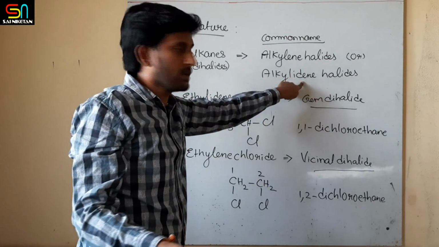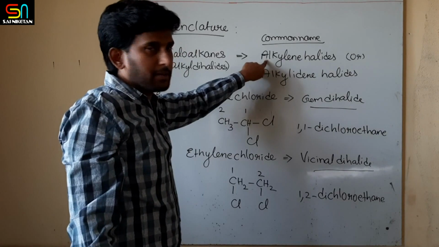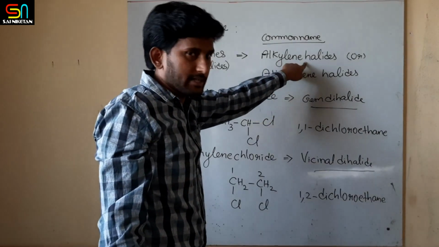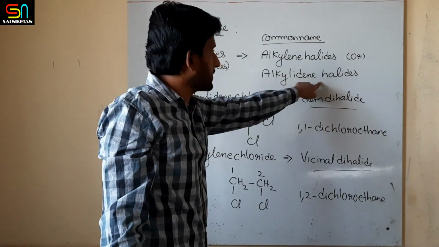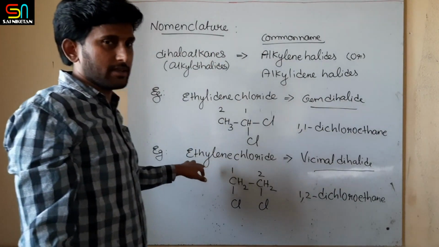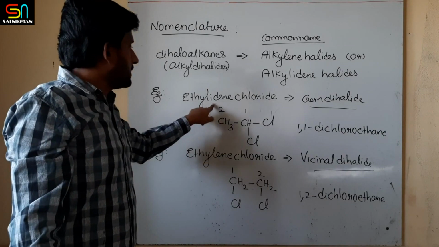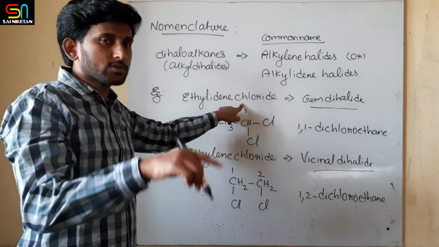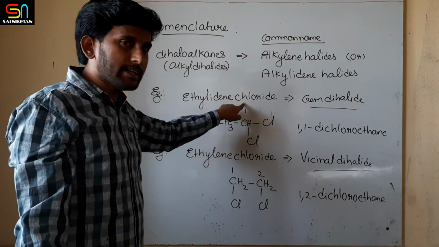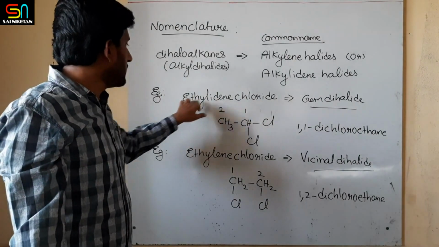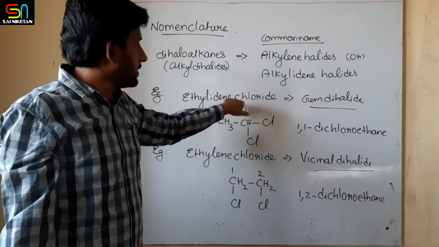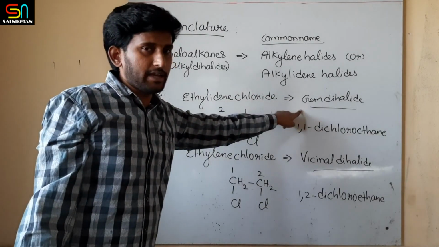In some books, they also give these names as alkylene dihalides directly and alkylidene dihalides directly. In that, we are taking two examples. Ethylidene chloride. Some books also give it as ethylidene dichloride. There is nothing wrong. Common name can be written in any way. So, ethylidene chloride is an example of gem dihalide.